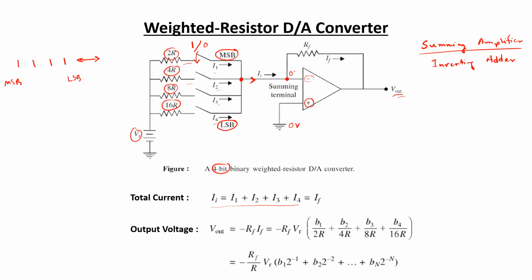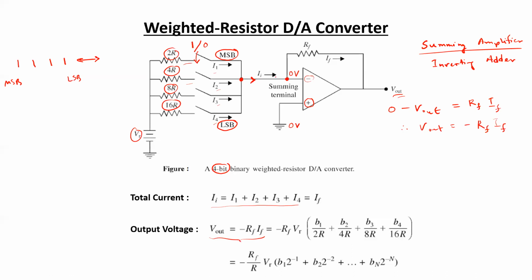So the potential at the inverting terminal should also be 0. So from here you can write an expression for the output voltage, which is very straightforward. That is 0 minus V out is equal to RF into IF. And here you can rewrite V out as minus RF into IF. That is written over here.